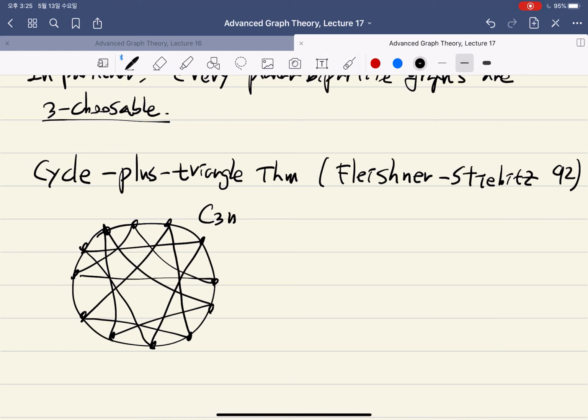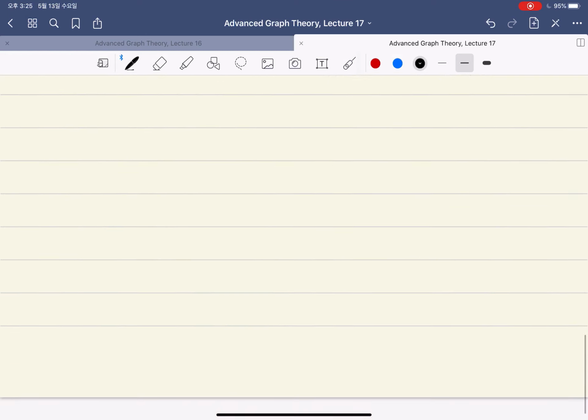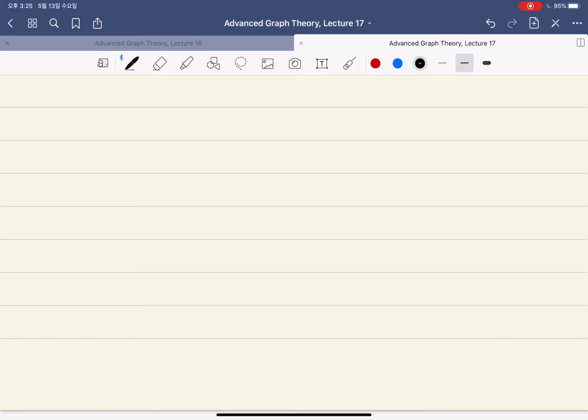And Erdős conjectured that this is 3-colorable however you add the triangles. And they actually show that this is 3-choosable by using the Alon-Tarsi theorem. And so that shows several applications of the Alon-Tarsi theorem.